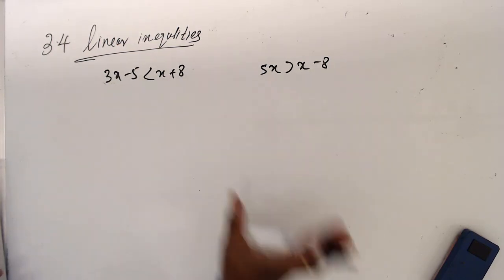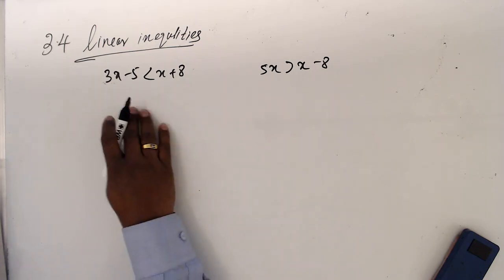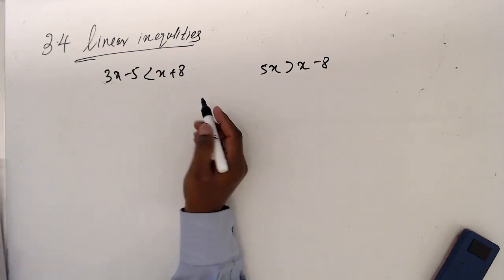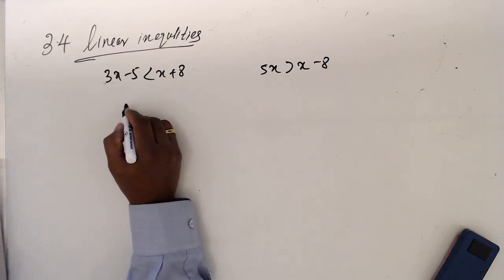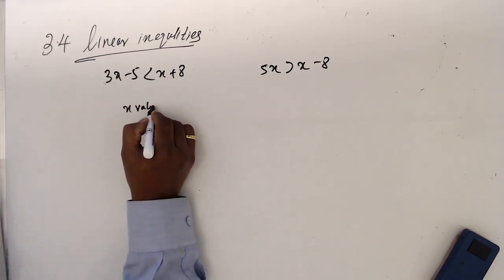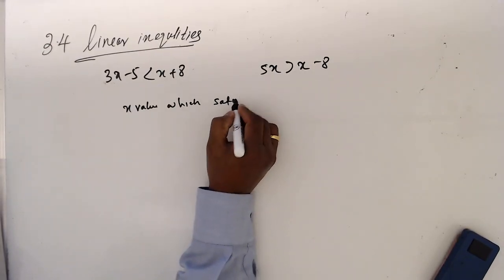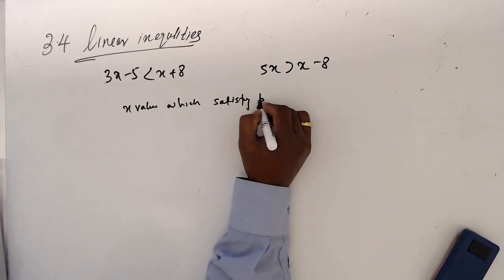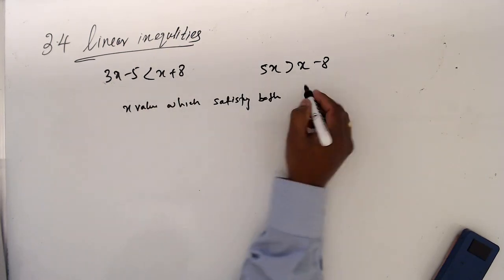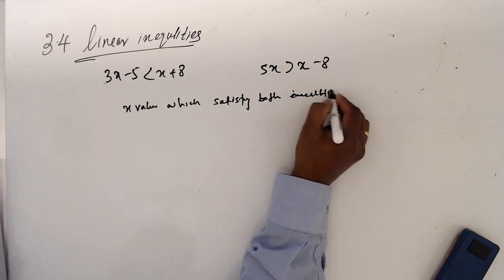So we can't touch the inequalities. Now we need to find the x values which satisfy both inequalities.